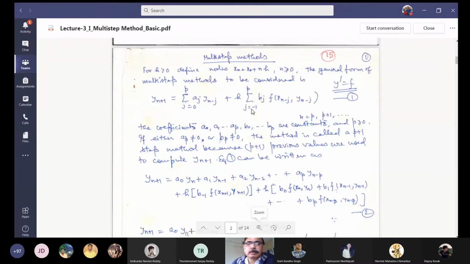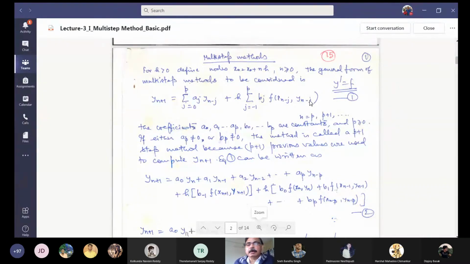It's just a notation, does not matter. But here you see f of n plus 1, y n plus 1. Is that clear? Yes, sir.